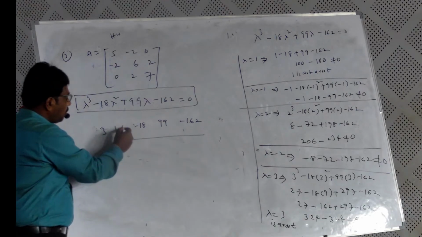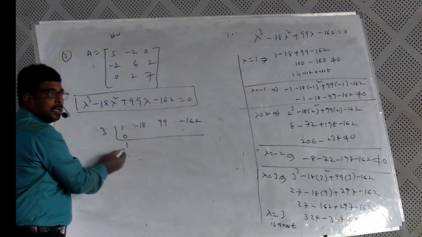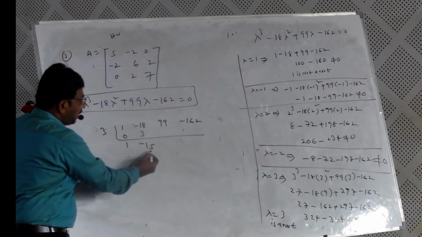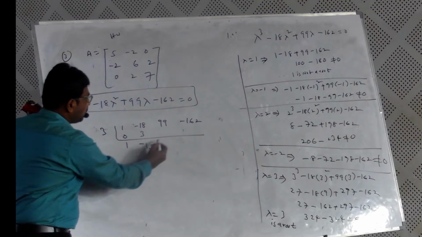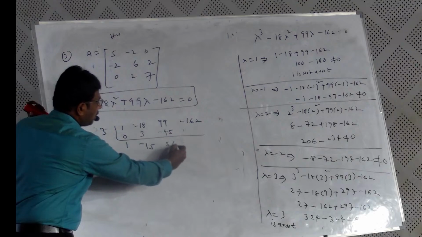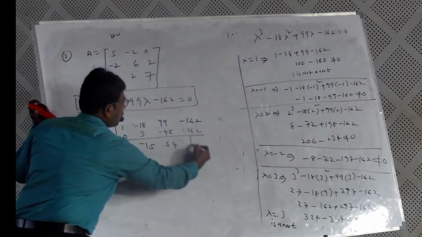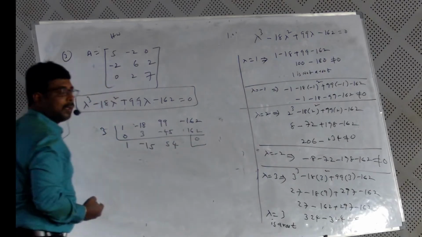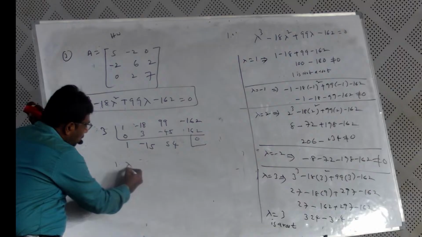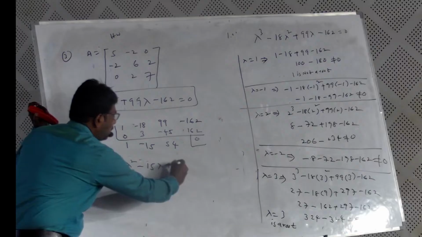You can place 0. 1 plus 0, add these two; 3 into 1, multiply. -18 plus 3 is -15, 3 into -15 is -45, 99 minus 45 is 54, 3 into 54 is 162, and the remainder is 0. Okay, next, this starts with lambda square. The equation is lambda square minus 15 lambda plus 54.